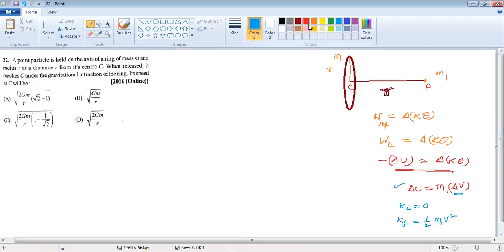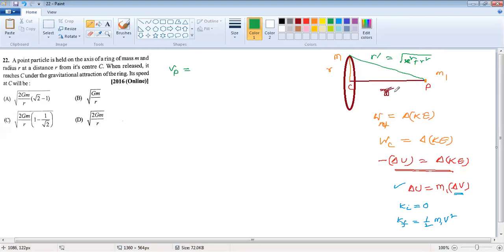So what is the potential at P? For the ring, at an axial distance, let us take this distance as x. This is root over x square plus r square. Let us take this as r dash. Then r dash equals root over x square plus radius square.